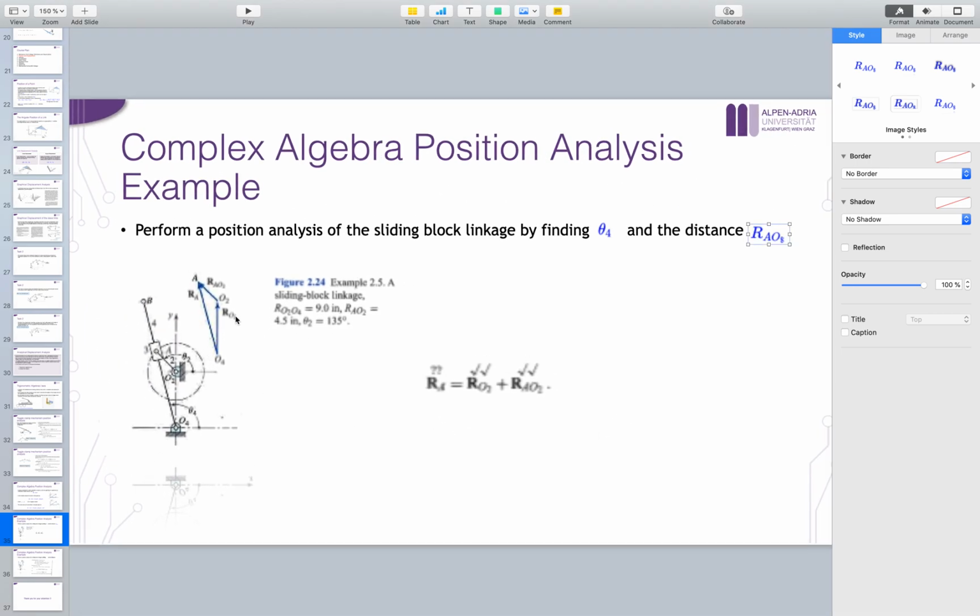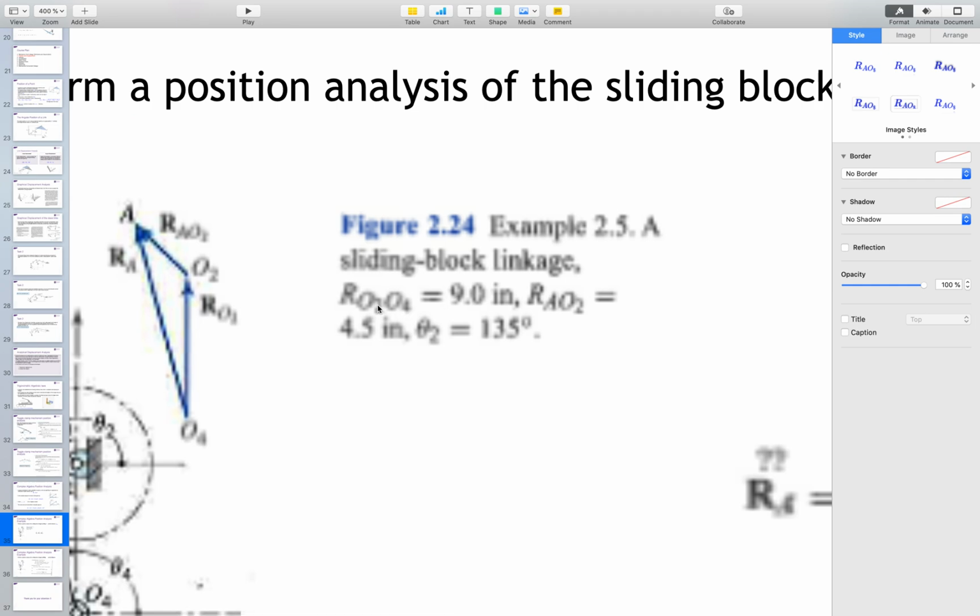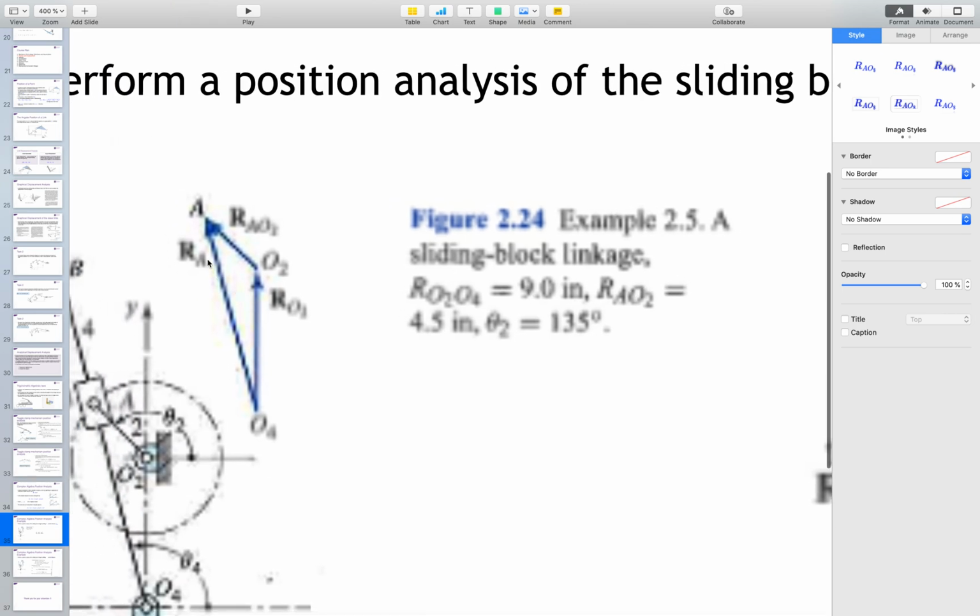So now what is known in this case is the distance between O2 and O4. So this is known, which means that the magnitude of this vector is known, which is 9 inch. The magnitude of AO2, which is basically our O2A, sorry, so this always starts from the right to the left, is also known, which is 4.5 inch.